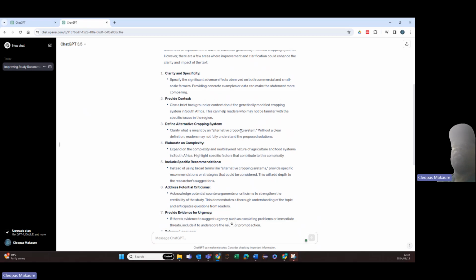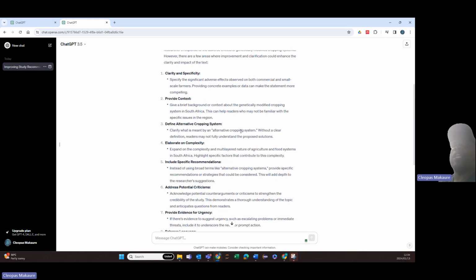Then define alternative cropping system. Clarify what it means by an alternative cropping system. Without a clear definition, readers may not fully understand the proposed solution. There's no definition of an alternative cropping system. Also for that reason, I have defined the alternative cropping system in the previous chapters. So I don't necessarily need to define.